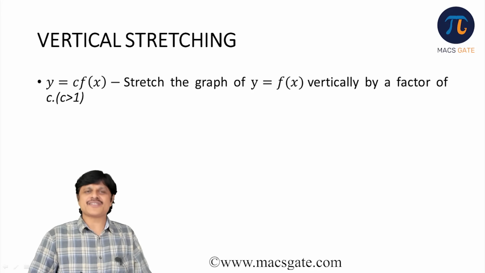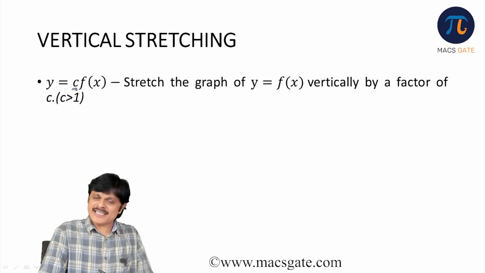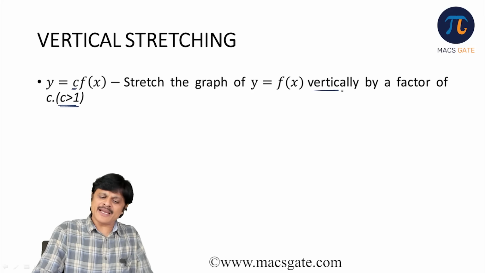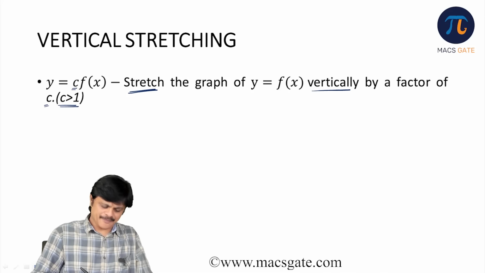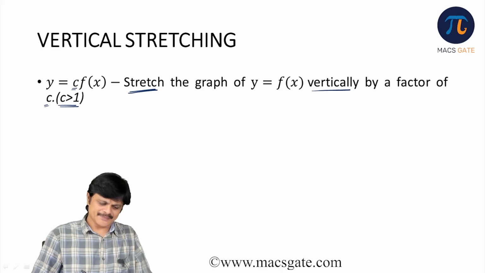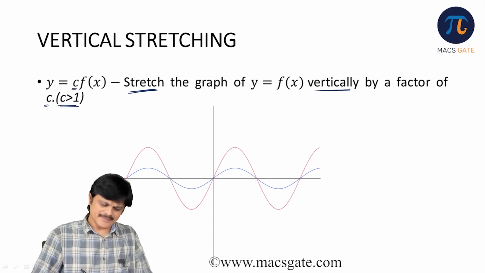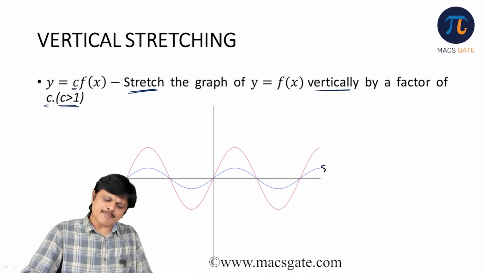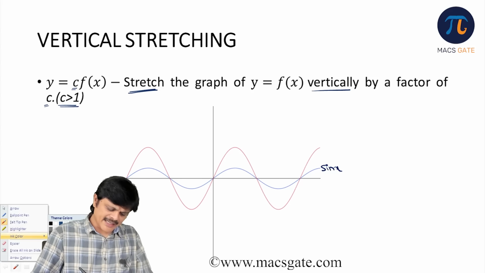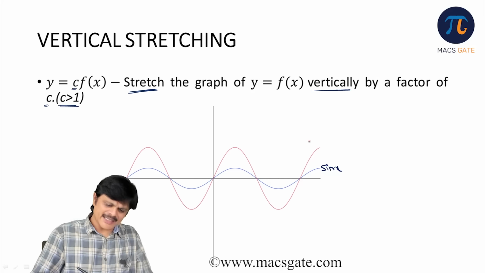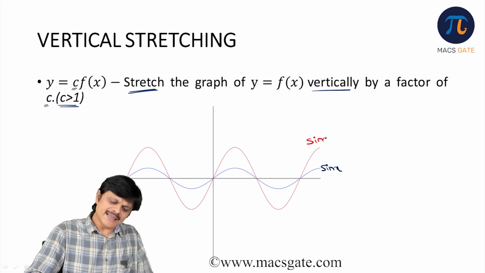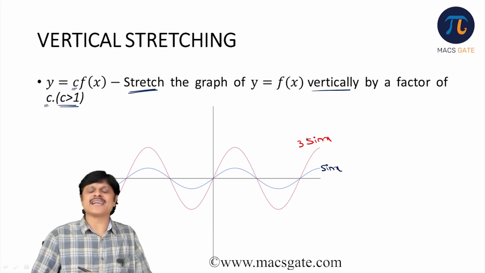So the vertical stretch, as I told you: when you multiply c into f(x), c should be greater than 1, and the graph is stretched vertically by a factor c. Let us understand with an example. The blue one is your y equals sin x graph, and the red one is 3 sin x.